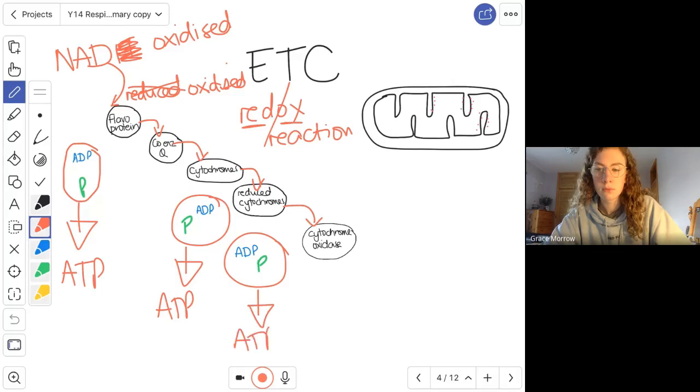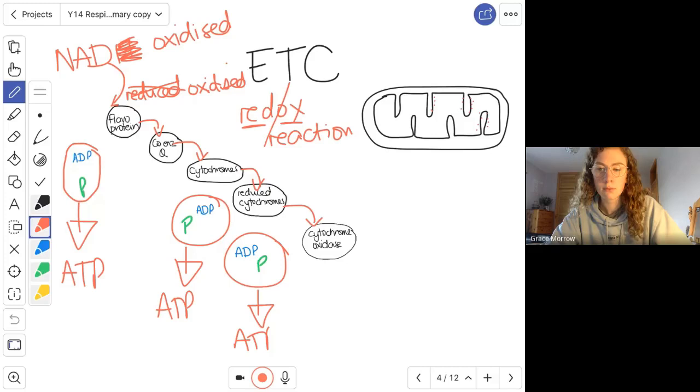So essentially, these electron carriers are fixed onto the cristae of the mitochondria, and NAD carries the hydrogen from glycolysis or the link reaction or the Krebs cycle, and passes it down a chain of electron carriers that are at progressively lower energy levels.